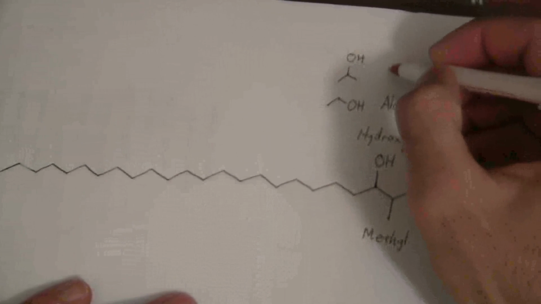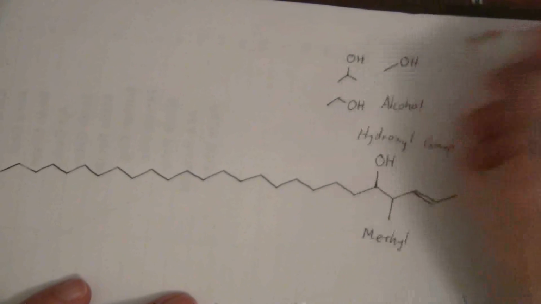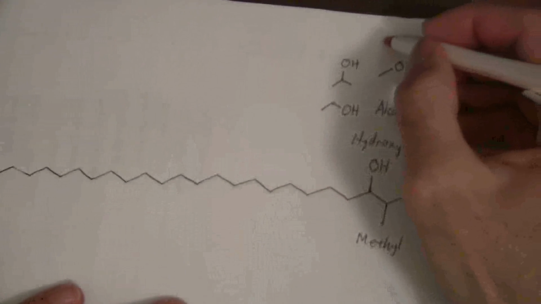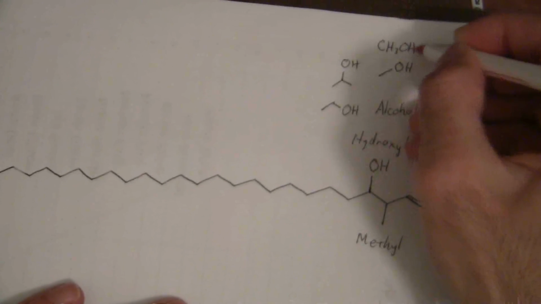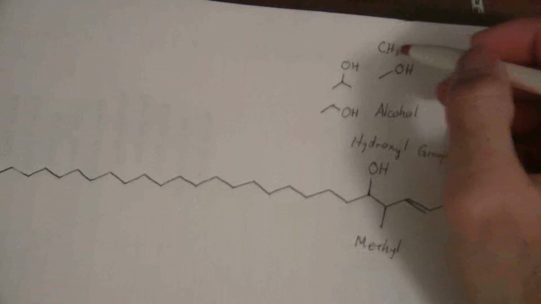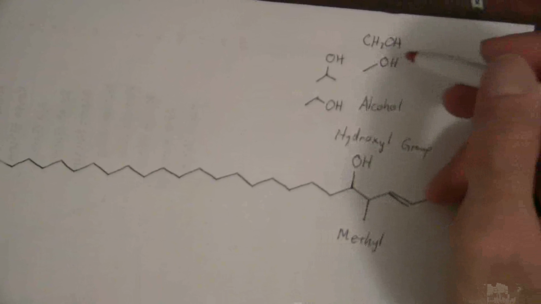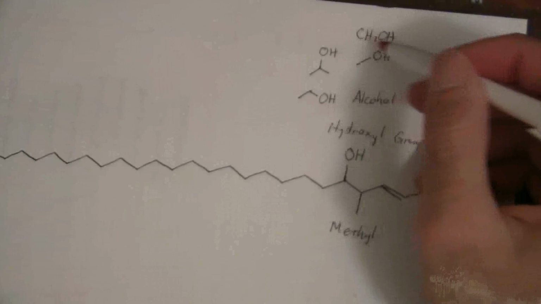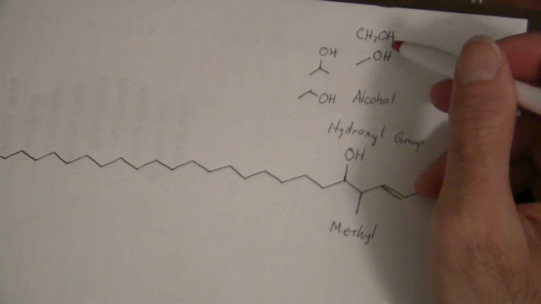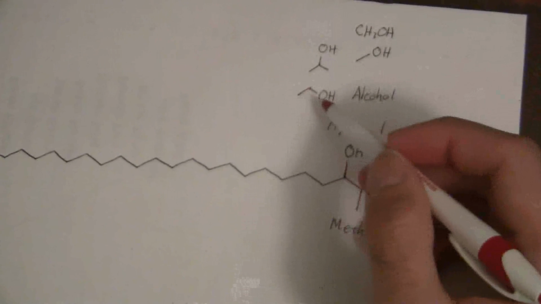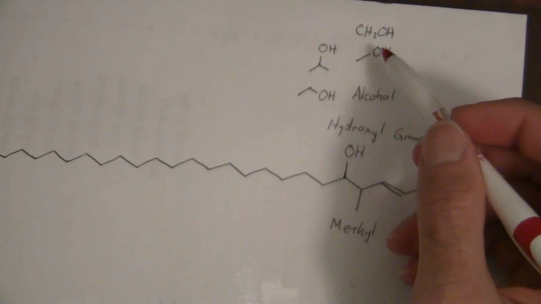Another alcohol would be methanol, which would just look something like this, or quite often we would just write that out as CH3OH, because it's not much of an abbreviation really, even to put that line there. But this is methanol, and methanol is actually very different from ethanol in that methanol is very poisonous.